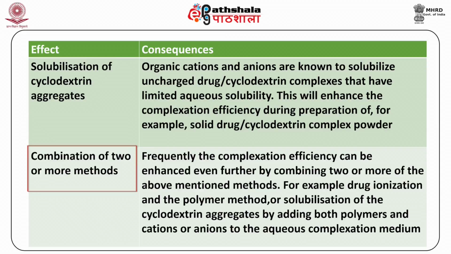Another method is combination of two or more of the above stated methods. Frequently, the complexation efficiency can be enhanced even further by combining two or more of the above mentioned methods. For example, drug ionization and the polymer method, or the solubilization of cyclodextrin aggregates by adding both polymers and the cations or anions to the aqueous complexation medium.